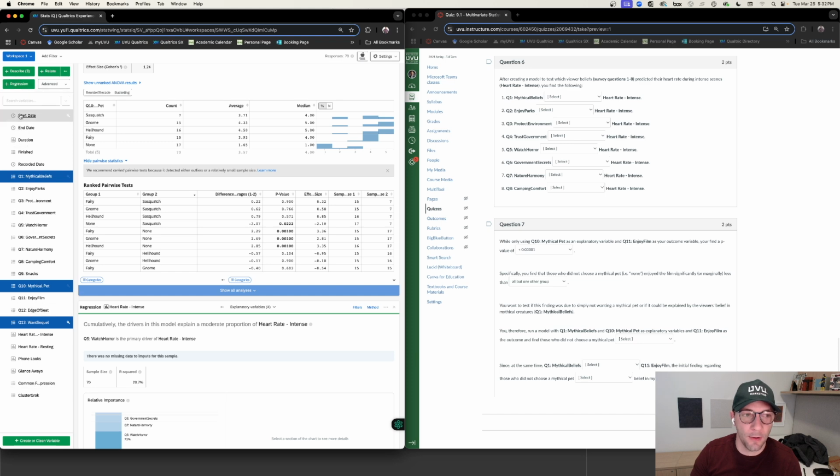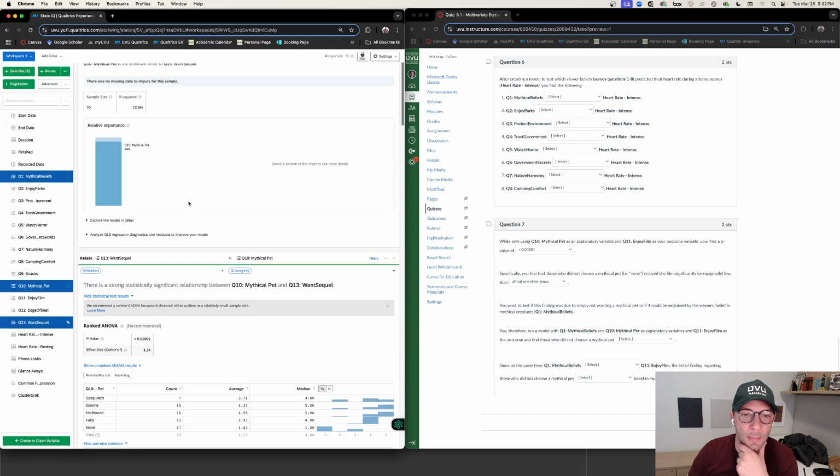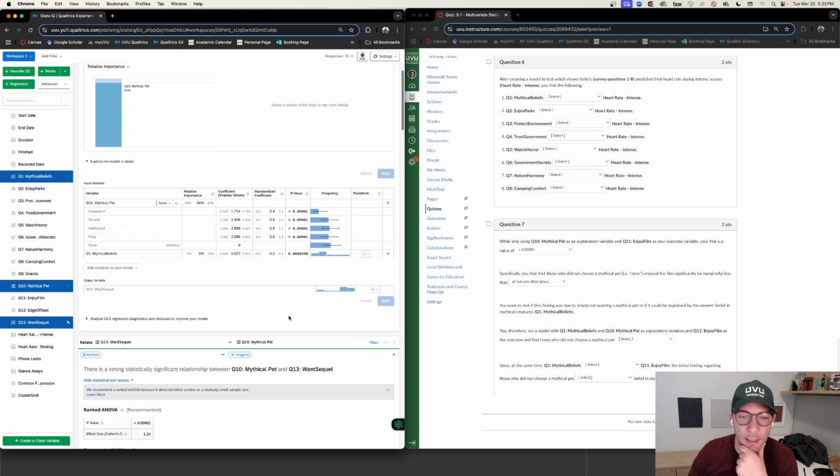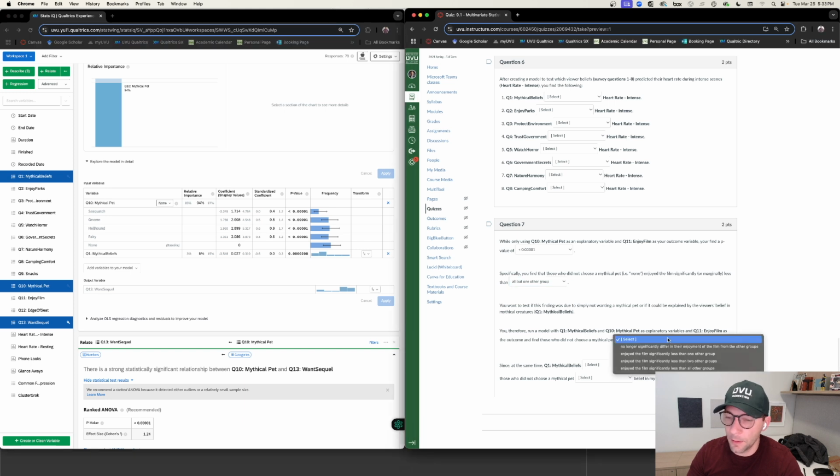Again, I have a different outcome than you. So for me, I'm seeing mythical pet is pretty high up there in importance. I'm going to click here on the model. This one specifically is asking for, as your outcome, those who did not choose, so you want to make sure that none is selected here as a mythical pet, and then we're going to look at these results.